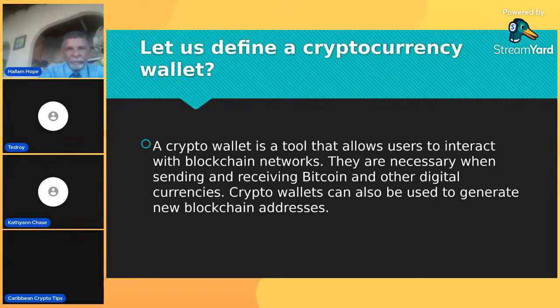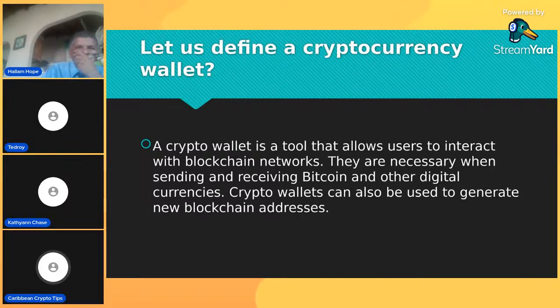A standard wallet usually works with preferably one blockchain. There are some wallets that work with only one type of cryptocurrency, and then there are others that work with multiple types. Those are the ones I would recommend, because if you are trading or investing, you may want a wallet that can be used with multiple different cryptocurrencies.